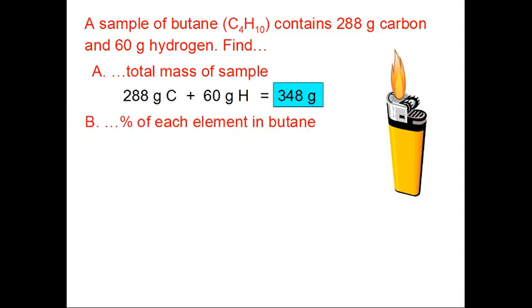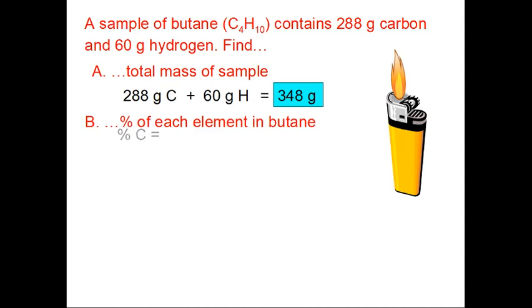So how do you find a percent of each element in butane? Percent's pretty straightforward. You take your part divided by your whole. Now my part in this situation is my carbon, 288 grams of carbon, or 60 grams of hydrogen. My whole is going to be the same for both of them, 348 grams.